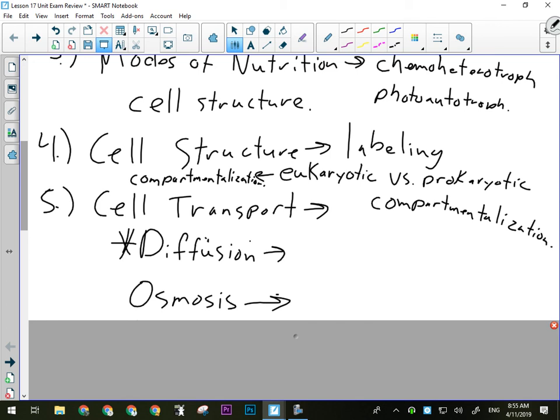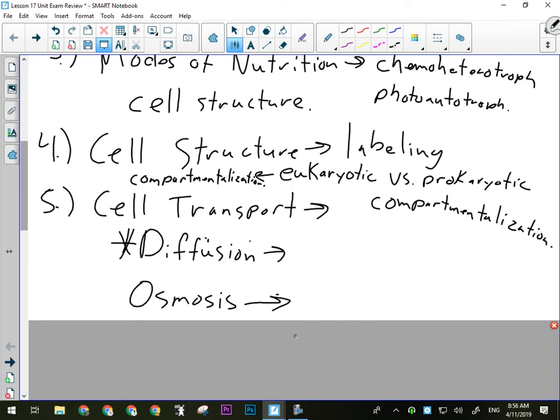It only transports one thing, and it does it across the membrane, not through the cytoplasm. Now, the reason water moves across the membrane is because what's different on each side? Salt, exactly. The salt concentrations are different on either side of the membrane. That means that water passively moves to the side where there's more salt.